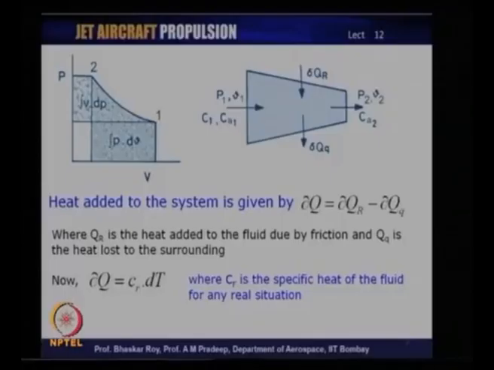And then we say that this process now has a possible heat addition or rejection. Now, this heat addition is shown as delta Q r, and the heat rejection is shown as delta Q q, Q subscript small q.